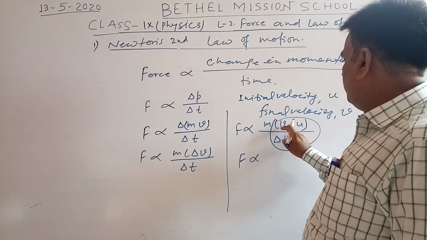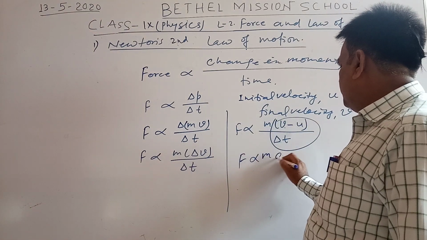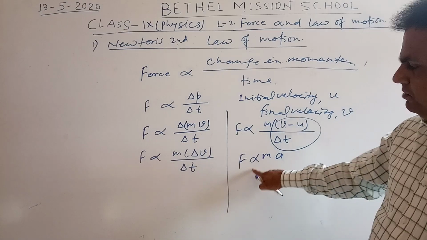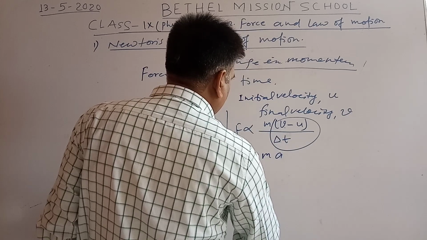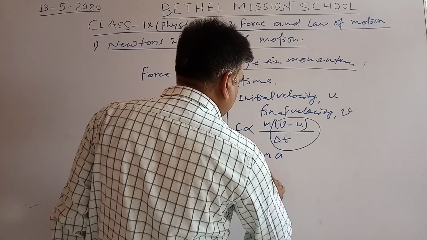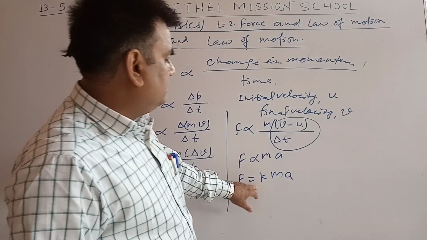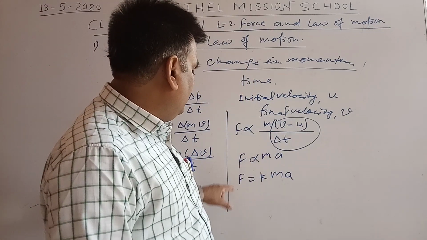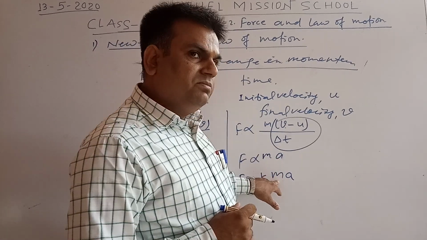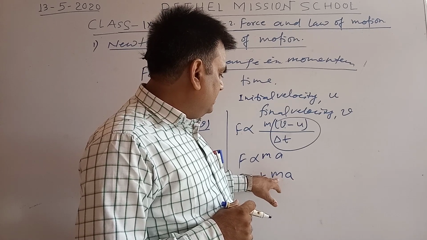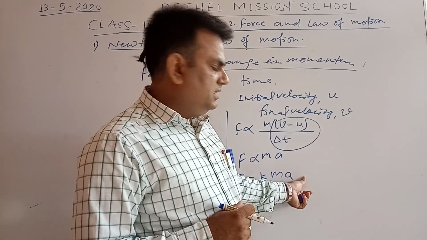So in place of (v minus u) upon delta t we can write a, and if we remove the proportionality sign we put a constant k, so F equals k m a. In SI system the value of k is 1, since if we apply 1 Newton force on an object whose mass is 1 kg, it produces an acceleration of 1 meter per second square.